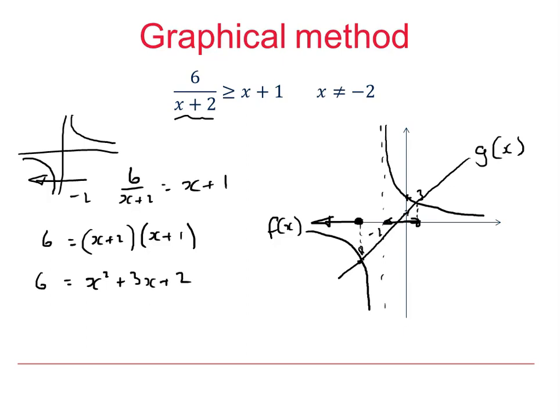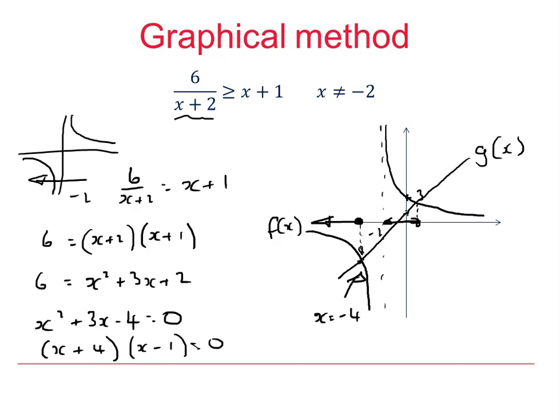And therefore, subtracting 6, we get that x squared plus 3x minus 4 is equal to 0. And therefore, we have that x plus 4 and x minus 1 is equal to 0. So our solutions to that are x equal to -4, in other words, this point here, and x is equal to 1. So this is x is equal to 1. So let's look at that neatly done on a graph on the next slide.